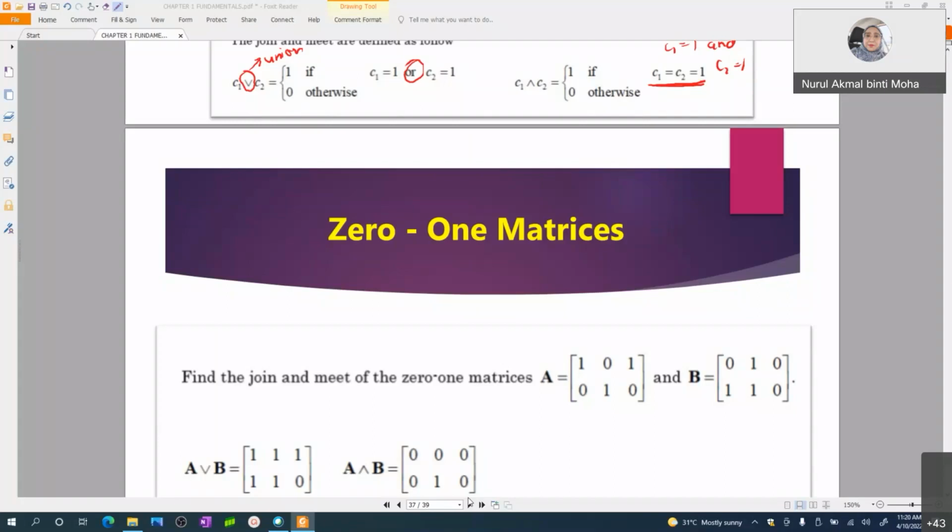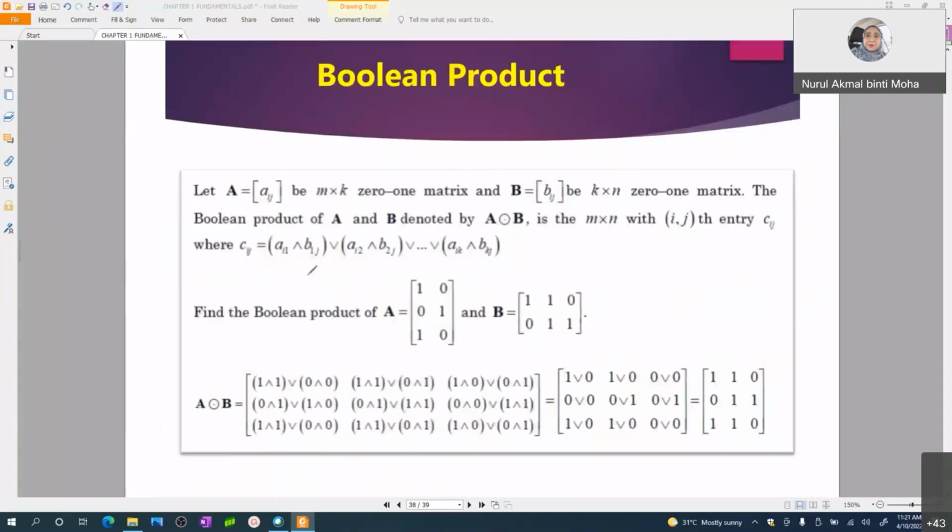Based on this, you know that for i equal to 1, and j, let's denote them. 1 and 1. This is meet. 1 meet 1.